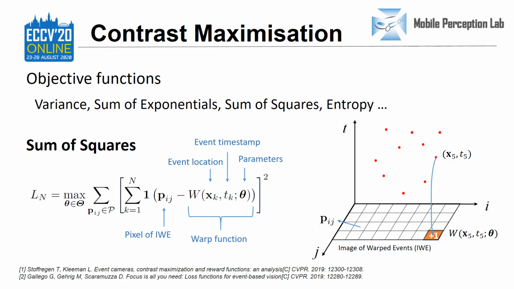As a result, we count the number of the warped events for every pixel Pij in the image, which forms the image of warped events, IWE in short. To conclude, we sum up the square of the intensity in each pixel in the IWE to obtain the loss Ln. Optimal parameters will maximize Ln.